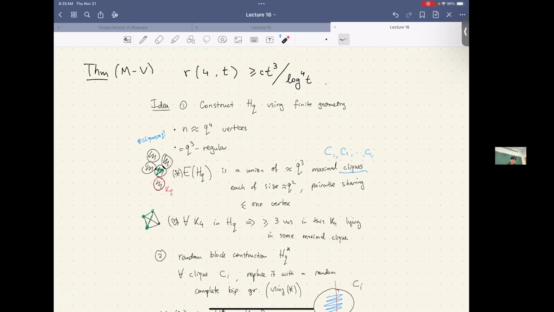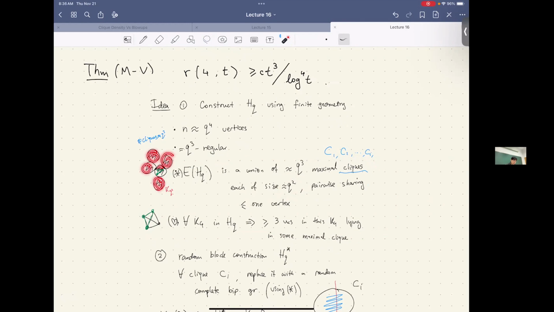And it's very structured in the following sense. It has these two properties. The edge set of the graph HQ consists of an edge disjoint union of maximal cliques, roughly Q cubed of them, and each clique is of size Q squared. So each one of these is K_{Q squared}.